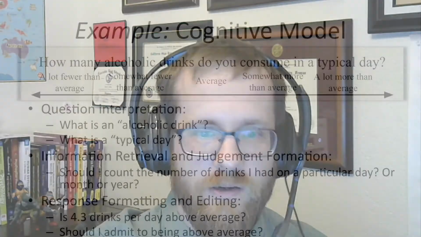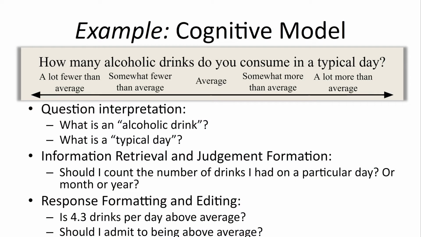I think you see where I'm going with this. So the participant has to make these kinds of decisions before they can even begin to retrieve the memories that are relevant to answering. The next thing that they're going to have to do is then try to retrieve those memories. And this could be quite difficult, especially if the question asks them to retrieve memories from long time ago.